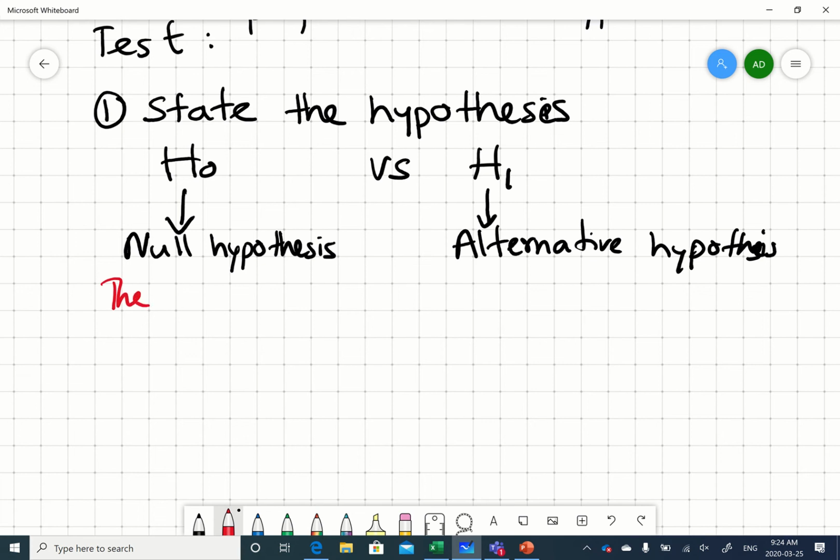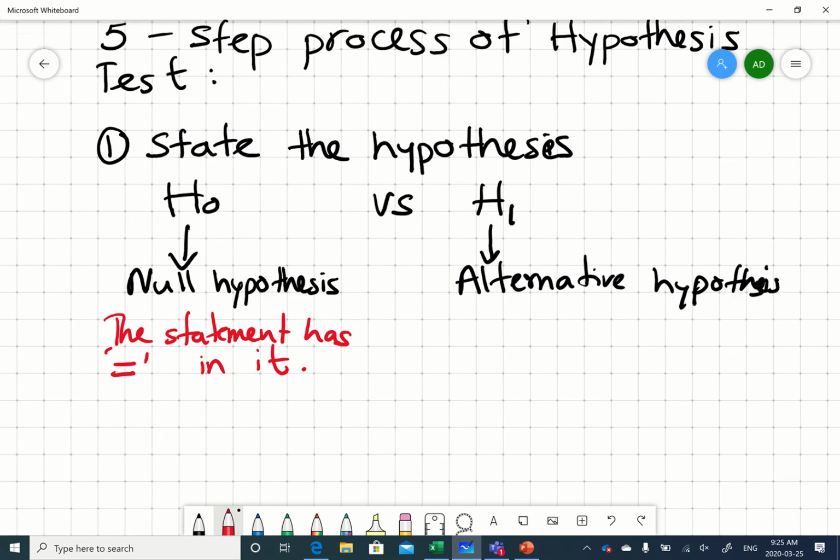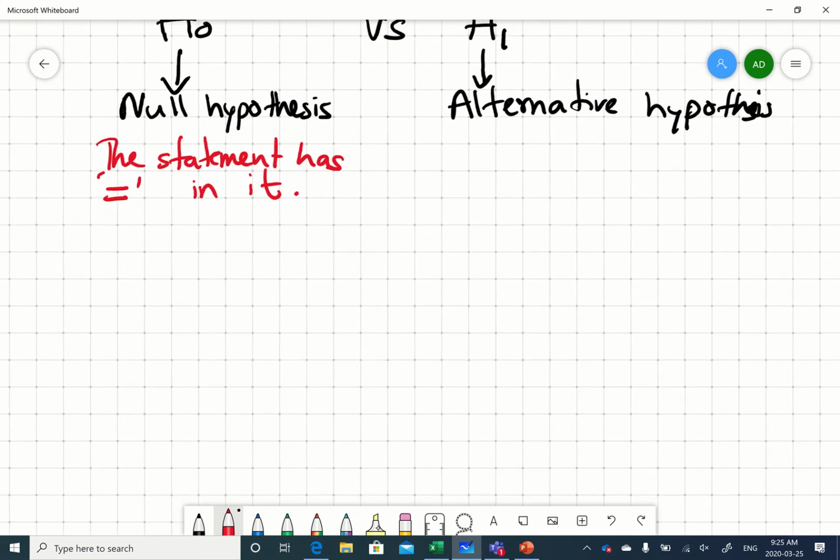The statement has an equal sign in it. So if the statement has an equal sign, less than or equal sign, or greater than or equal sign, one of these 3, it's a null hypothesis.